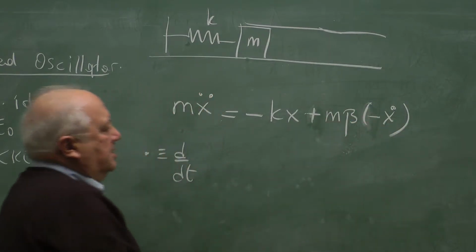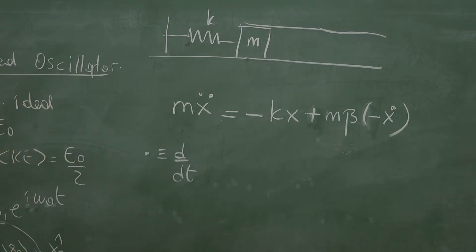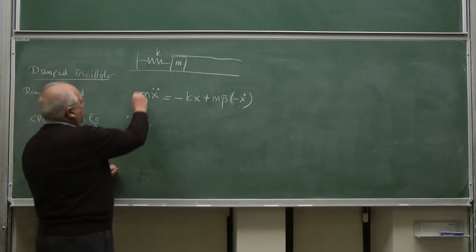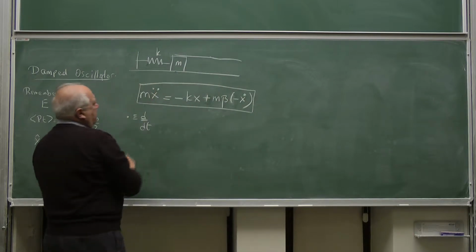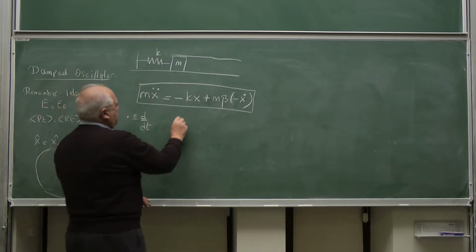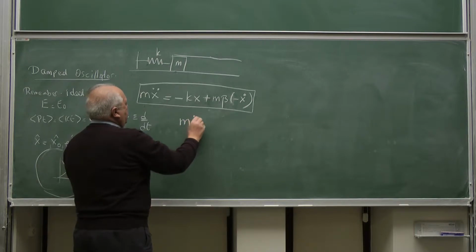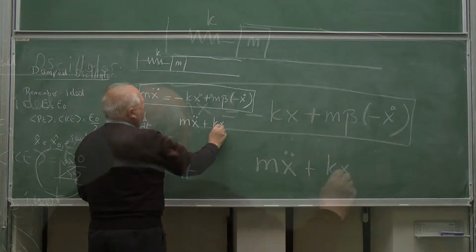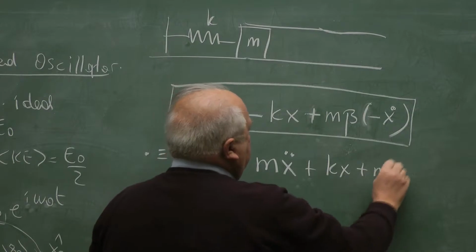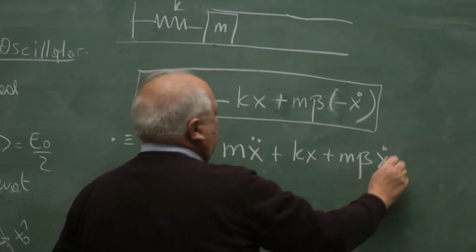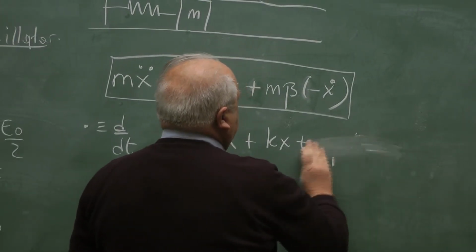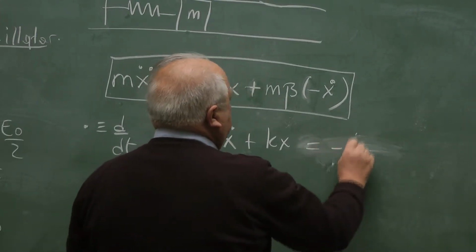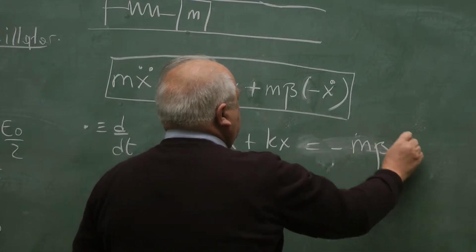Namely, it is opposing the direction of motion. So this is the equation, which, however, let me write like this: m x double dot plus kx equals minus m beta x dot.